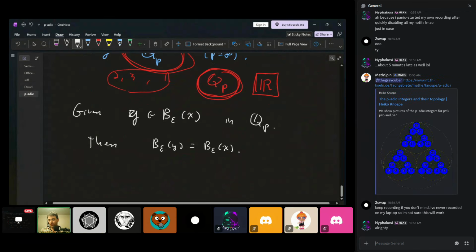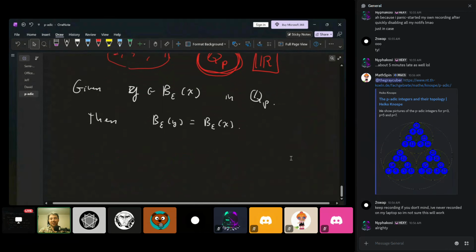So this means in the p-adic numbers, if you take an open ball, every point of the open ball is the center. This just follows from discreteness of the metric, right? Yes. So that's one of the other properties I hadn't talked about.